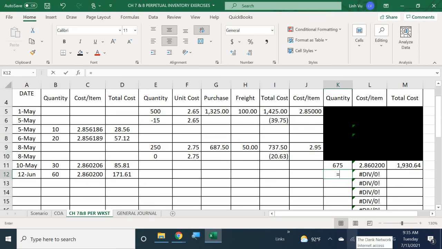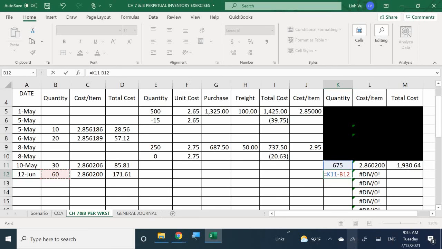Since we sold, we're going to update our inventory, right? Because we no longer have 675 items left available. So what's my new quantity? 615.